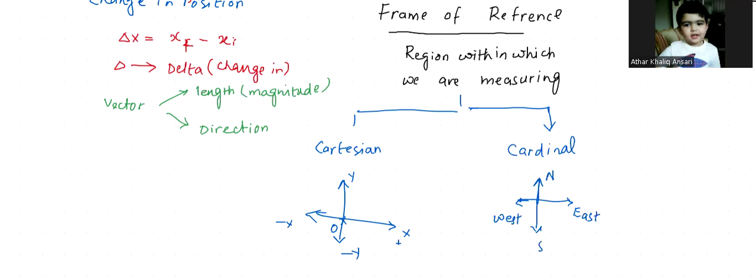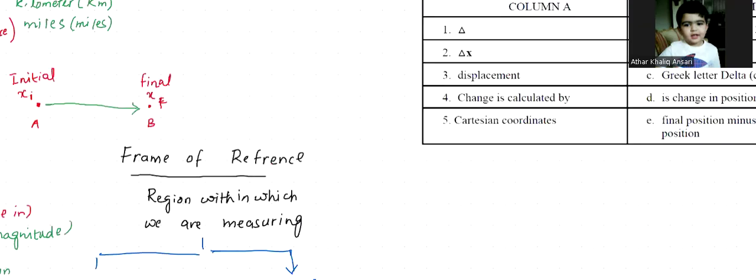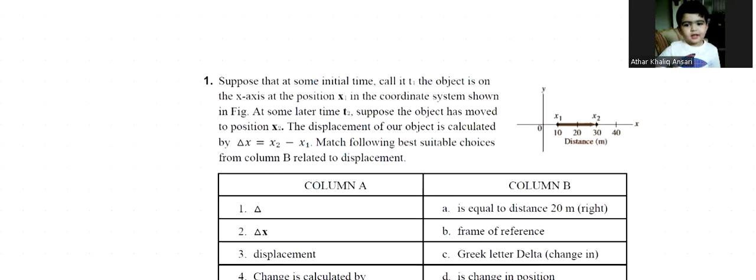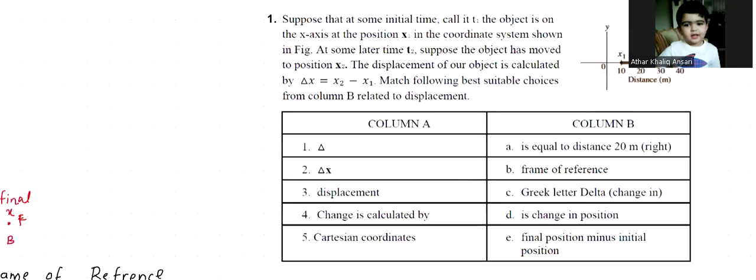So now I get back to the point where I should talk about when we are going to understand these things. Let us have a quick review of what we just discussed a little while ago. For example, we have an object that is moving from its initial time t1 along the x-axis, that is the Cartesian system.